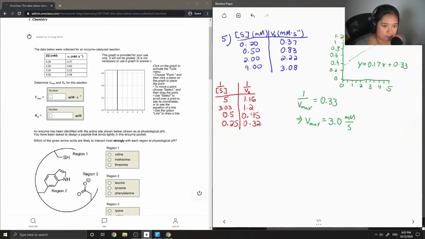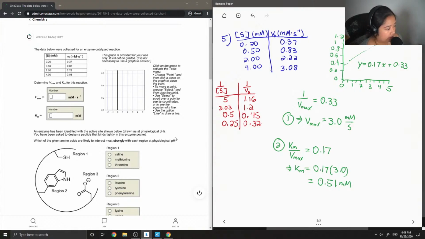And then secondly, for our slope, we know that the slope is equal to Km over Vmax. And the slope of the line is 0.17. So then subbing in our Vmax value, you get 0.17 times 3.0. And then our Km value is 0.51 mM.